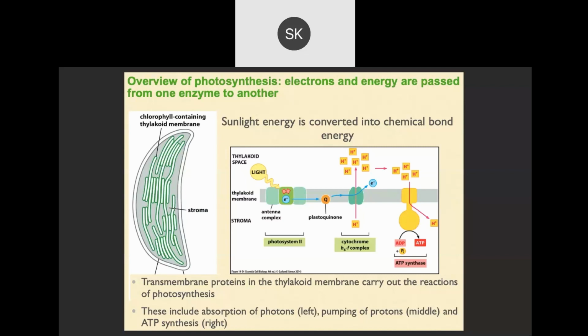So you have the prokaryotic membrane and the eukaryotic membrane. And a lot of the reactions are going to occur in the inner membrane of these organelles, of the chloroplast, and when we get to it, the mitochondria.